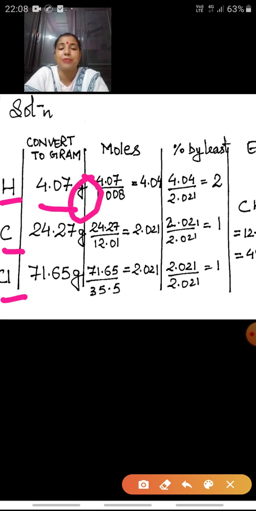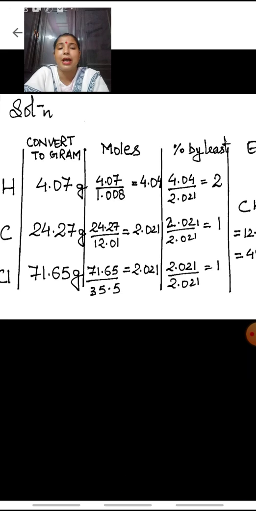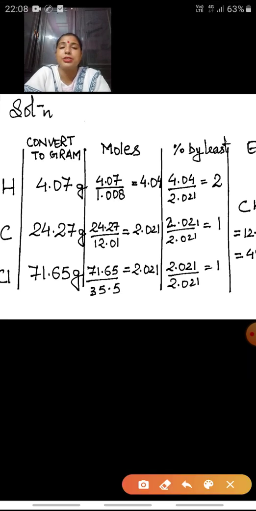That means you have to convert it to grams. The quantity of hydrogen is 4.07 gram. That means the same percentage. We have just assumed that we are having 100 gram of the compound. In that, 4.07 gram is hydrogen, 24.27 gram is carbon, 71.65 gram is chlorine.